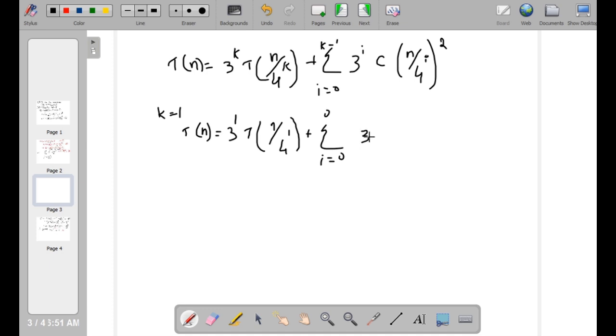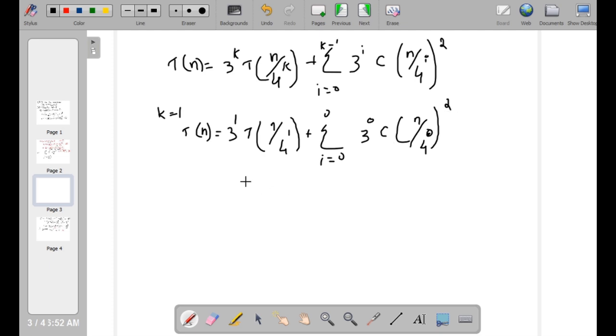That is 3 raised to i is 0, c n by 4 raised to i is 0, the whole square.